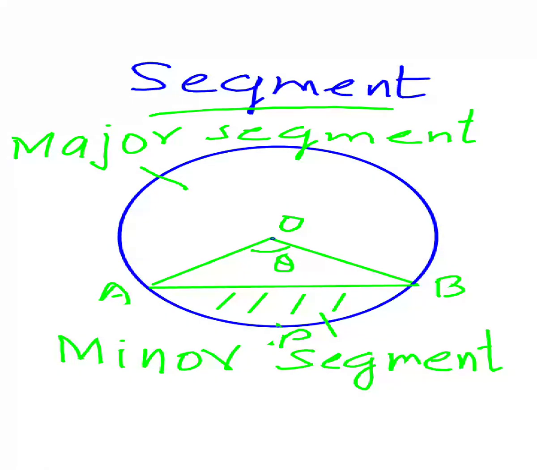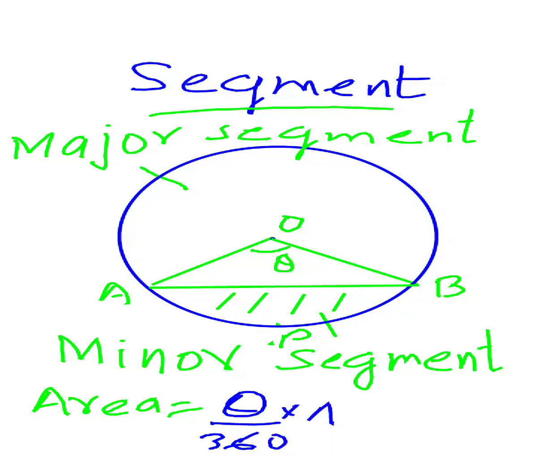This is the minor segment, okay. So now the area of this, how much will it be? Theta divided by 360 into pi r square, getting it, minus the area of triangle OAB.